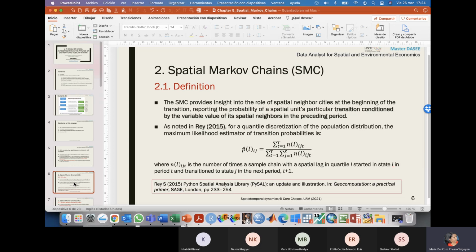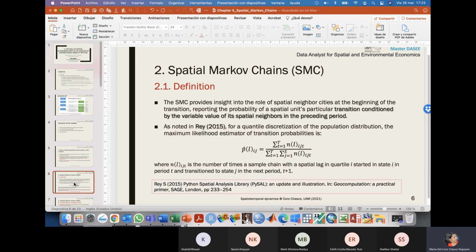So the transition of this city, of this spatial unit, in the distribution of population, or CO2 emissions, or whatever phenomenon we are analyzing, is it conditioned by the variable value of its spatial neighbors in the preceding period? So neighbors in the past are affecting the transitions of a particular unit from the past to the future. Okay? This is the basic idea.